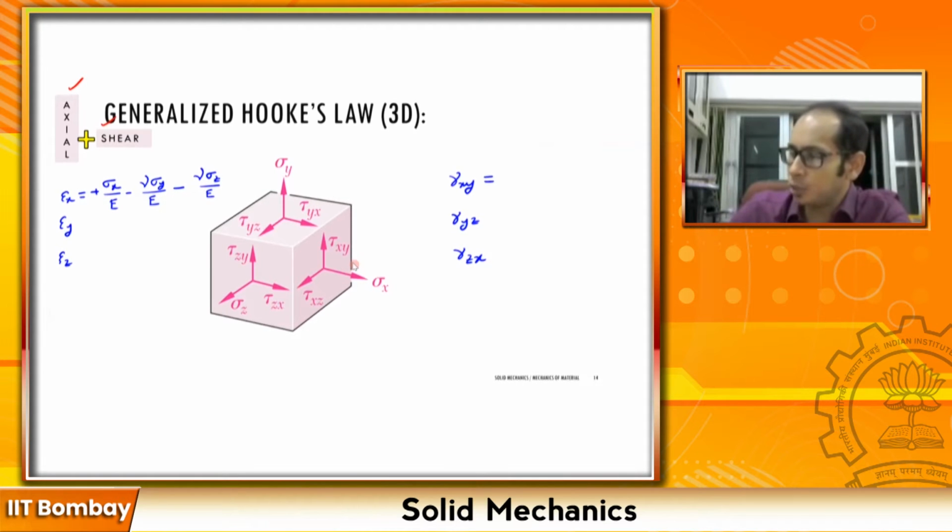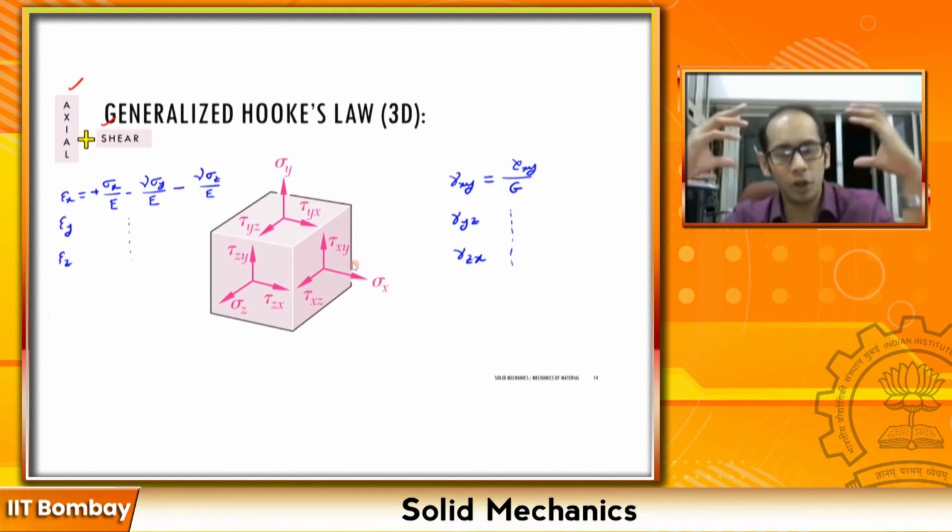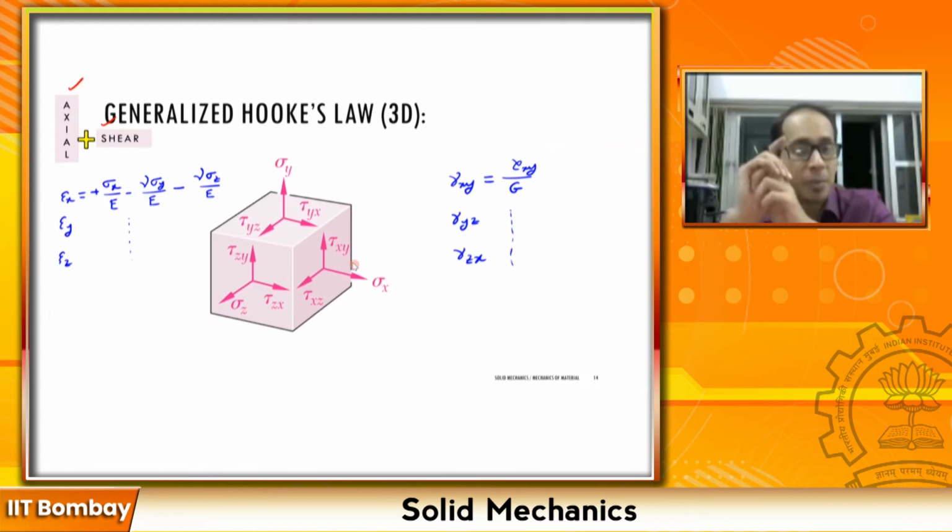And my gamma xy here was equal to tau xy by G. Right, you can go ahead and fill in for the epsilon y and the epsilon z, and here for the gamma yz and the gamma xz. Right, once we have all of these strains over here, remember one important thing: your normal strain, that is my epsilon x, does not have a relation with gamma xy. Take a look at these two guys.